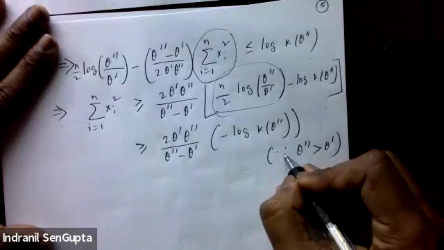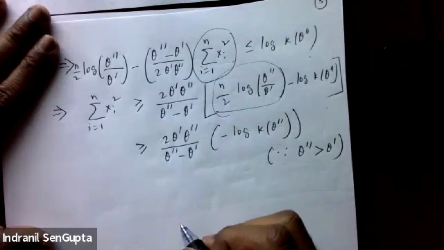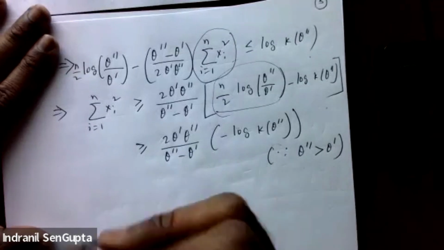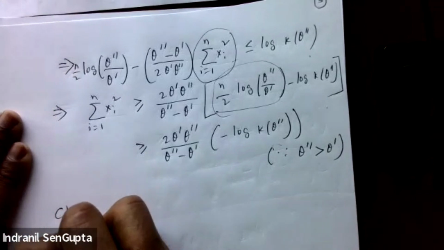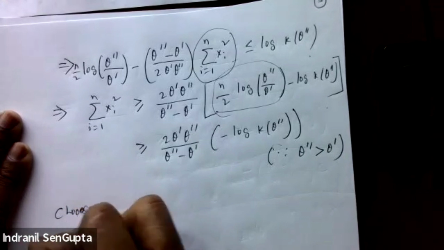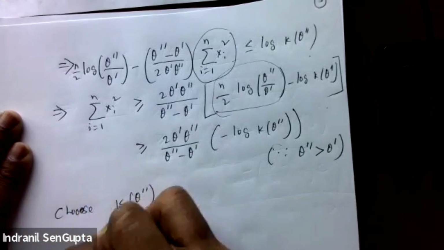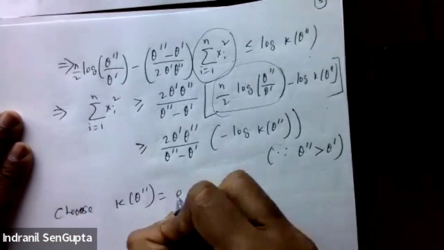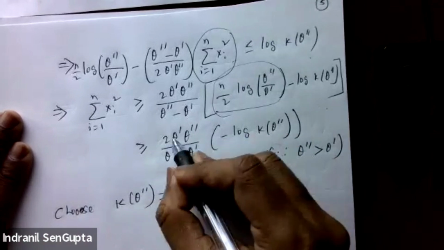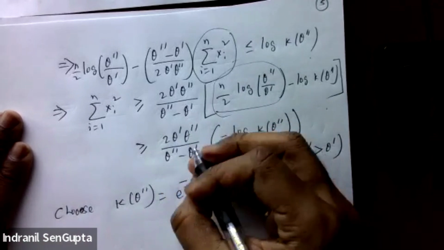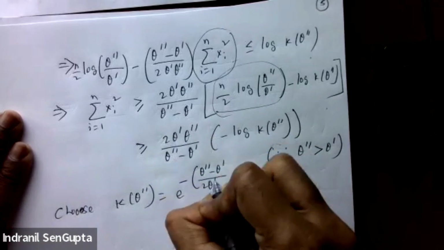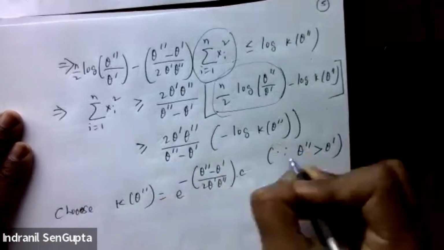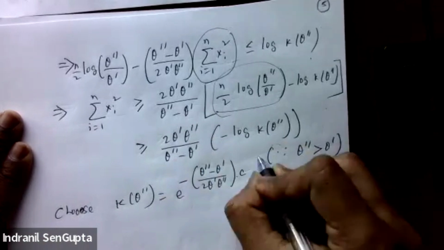Since is the notation for this, okay? All right, now let's choose. That's the fun part. So choose k theta double prime to be e to the minus, I'll choose the opposite of this one with the flipped side. So theta double prime minus theta prime over theta double prime times c, for c bigger than 0.